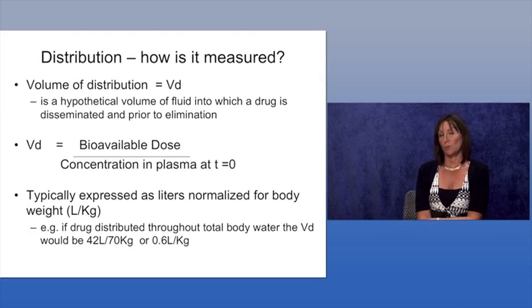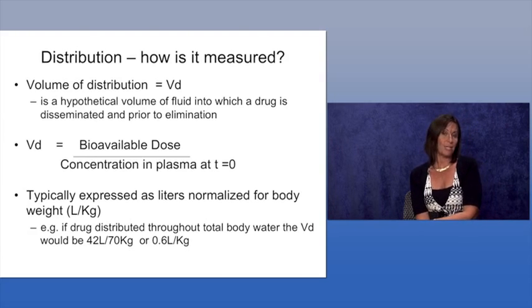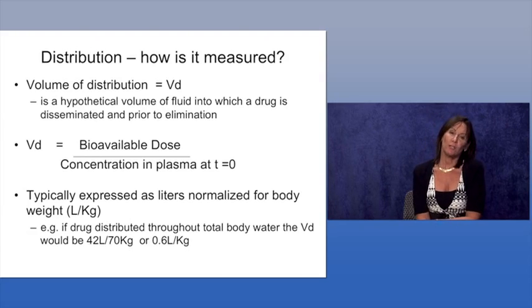If the volume of distribution is calculated to be higher than this, then you can infer that it is being sequestered in tissues such as bone or possibly even fat. If it is a volume of distribution less than this, then you can infer that it is being limited through some of its determinants of distribution that we talked about previously, that is preventing it from gaining access to all total body compartments.